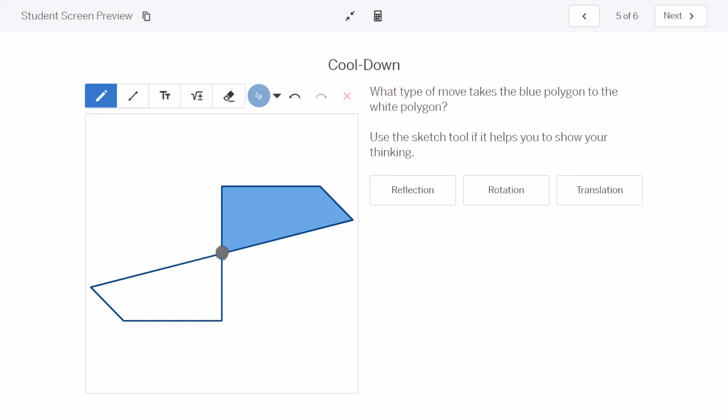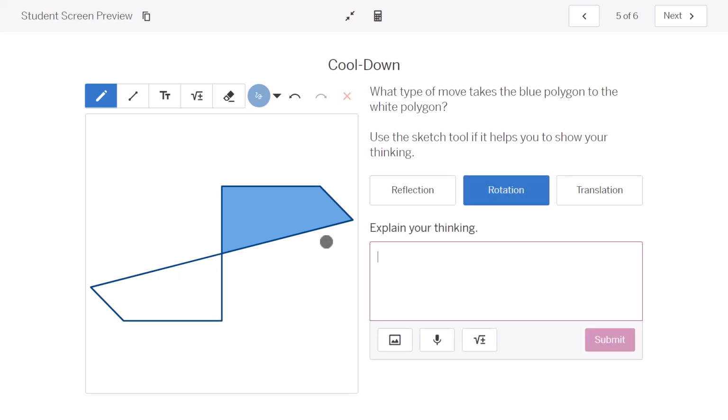But on the other hand, if I took it and I pivoted and nailed down so that this point didn't move, but all the other ones kind of rotated around, then it would pivot to become the white thing. And it's not a translation, I'm not just sliding it over. So this one's a rotation.